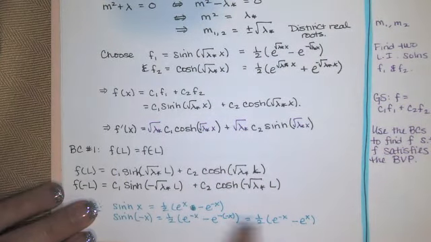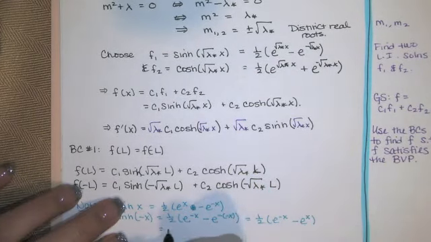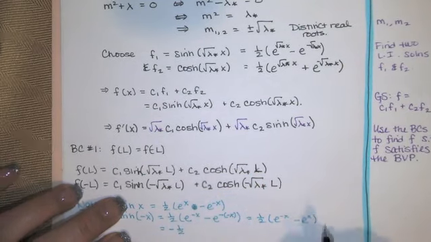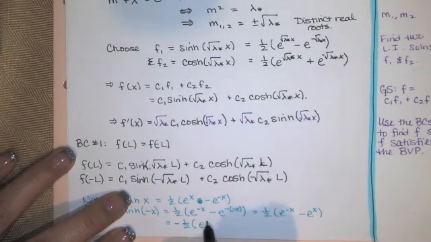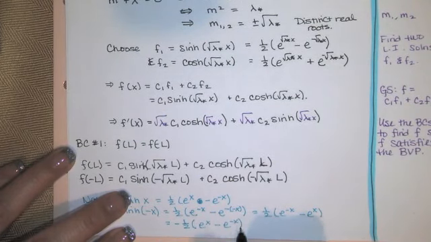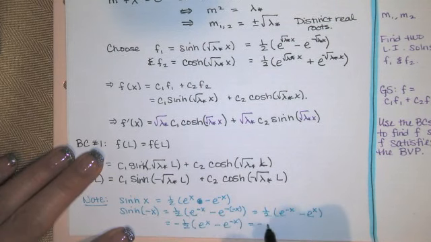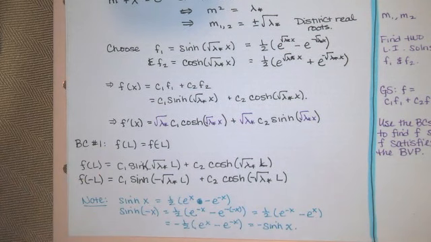Notice that this is almost identical to this. They're just reversed. They're flipped. So if I wanted to, I could factor out a -1 and then write these in the reverse order. So this would be -1/2 times e to the x minus e to the negative x. So I've got -1 times the original hyperbolic sine function. And that is the definition of an odd function.